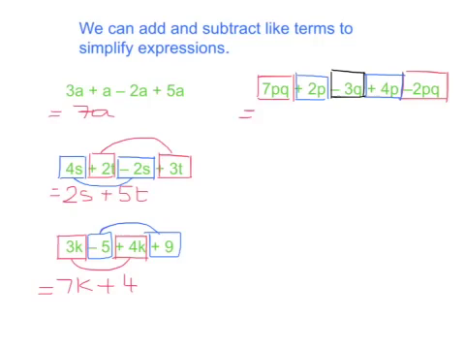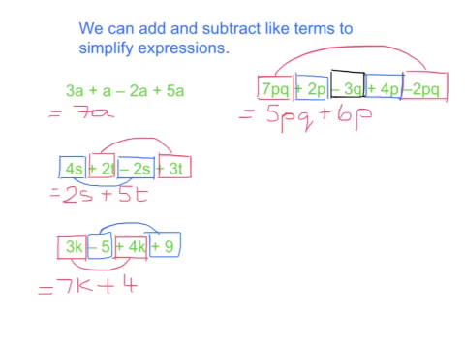Okay, so now I'm going to combine my like terms. So I'm going to put my PQs together. So I've got 7PQ minus 2PQ. So that leaves me with 5PQ. And then I have my P terms, so I've got 2P plus 4P, well, that's 6P. So positive 6P becomes plus 6P.